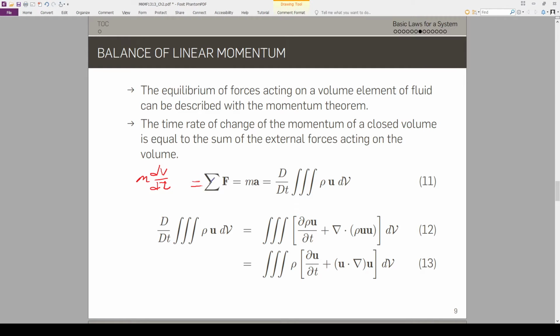This equation can also be written according to equation number one here, by taking the material derivative of the volume integral of rho u dV, that is, the material derivative of the mass multiplied by u to get the momentum.